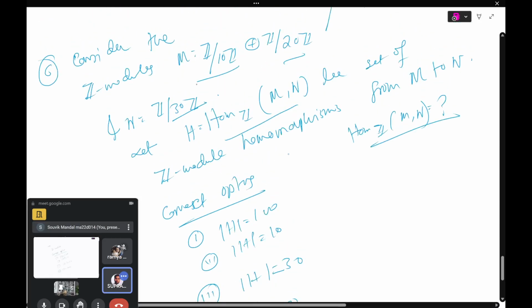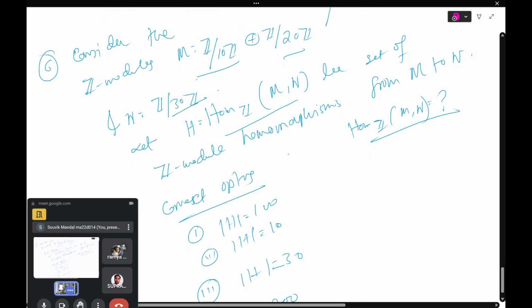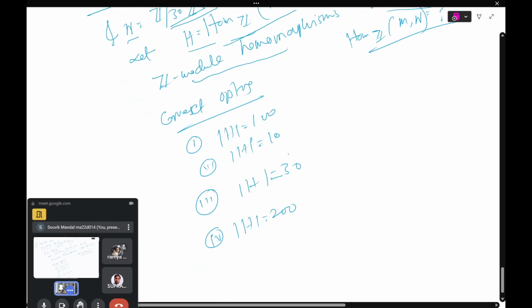Yeah. So this is question number 6. So the question is that consider the Z-modules M equal to Z by 10Z direct sum Z by 20Z, and small n is equal to Z by 30Z. Now let H be Hom(M, N), the set of all Z-module homomorphisms from M to N. Now the question is which one is the correct cardinality of H, that is number of elements inside H: 100 or 10 or 30 or 200.